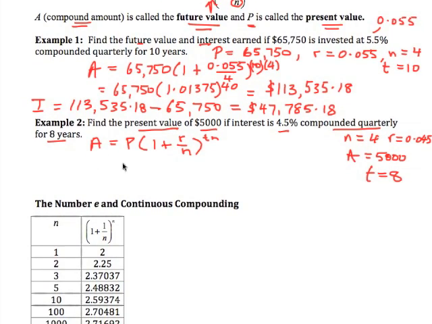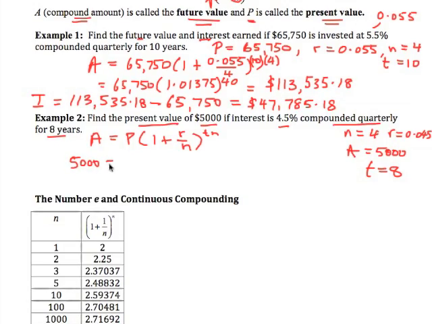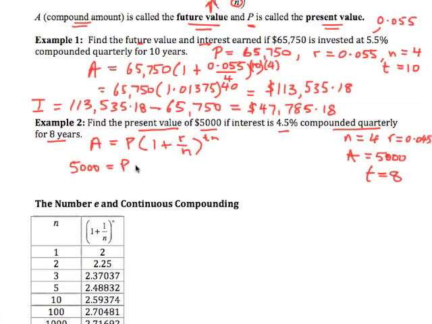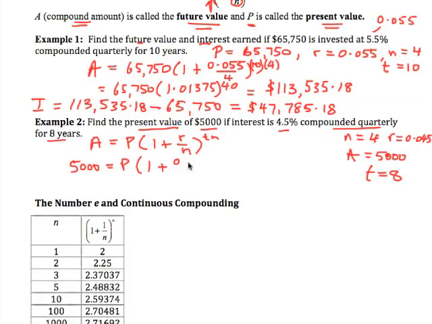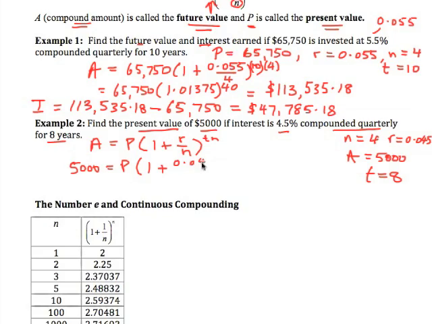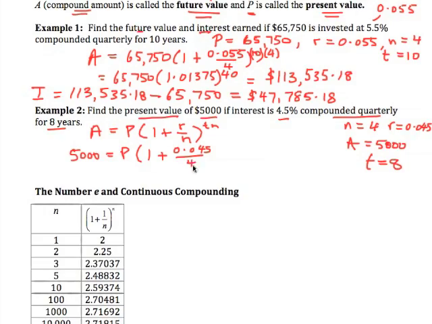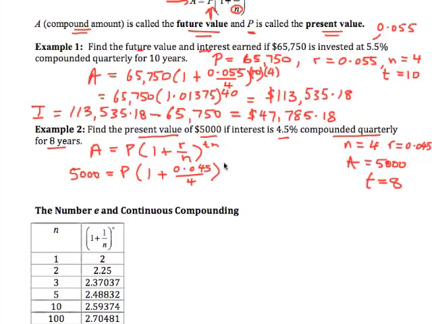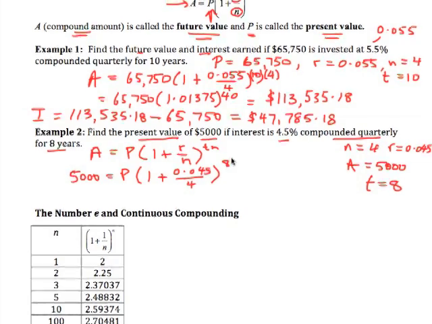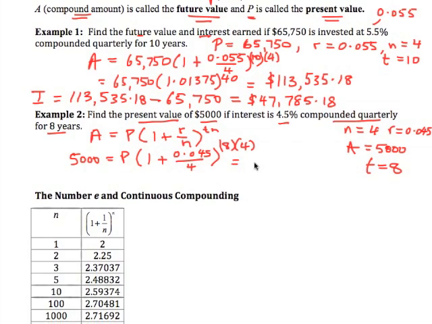So A, of course, we have is 5,000, equals P, which is what we want to find, and we have 1 plus R, which is 0.045, over 4, to the power of t, which of course is 8, times n, which is 4.